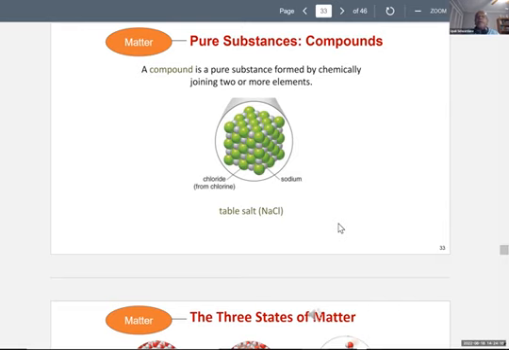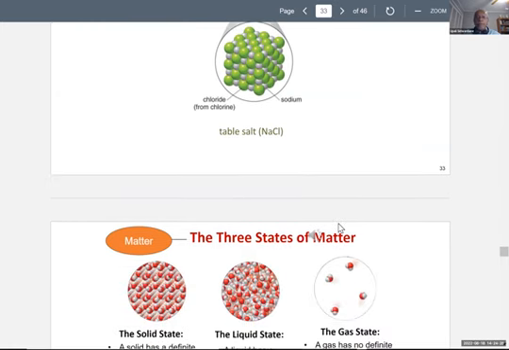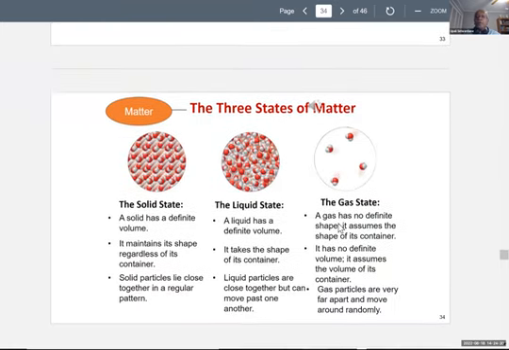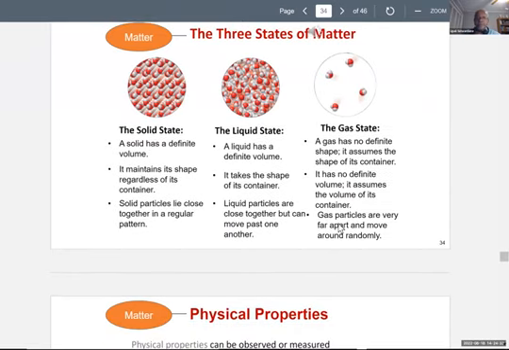Homogeneous means it's distributed. Therefore, any pure substance is homogeneous in composition, but mixtures could be heterogeneous or homogeneous.